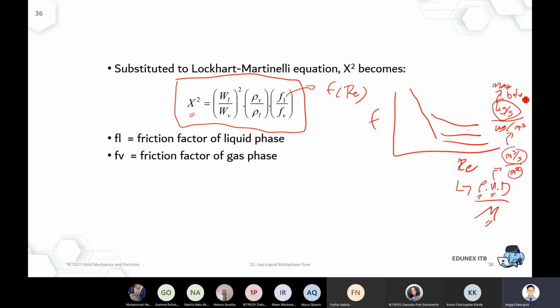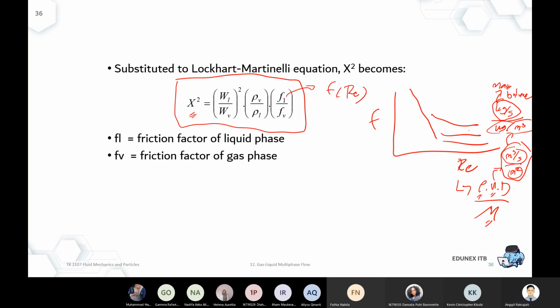The kilogram per second part will be the same for gas and liquid. But the density part is different, so the overall linear velocity will also be different when we assume pure liquid versus pure gas. So now we get the ratio of the F, ratio of the density, ratio of the volumetric rate, then we get the x squared.